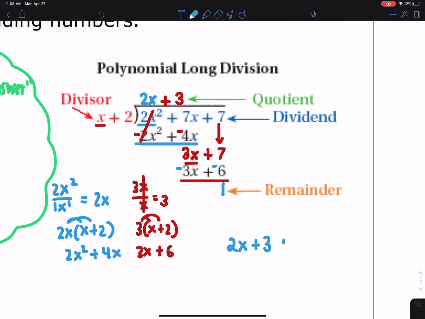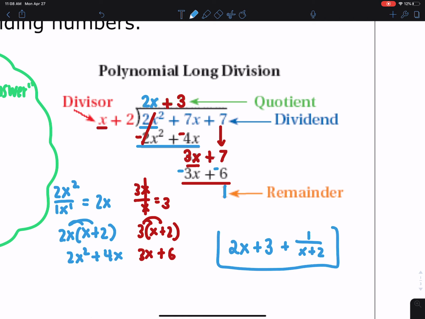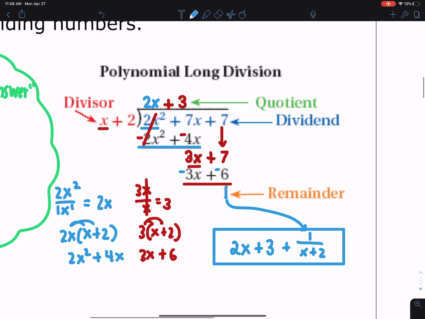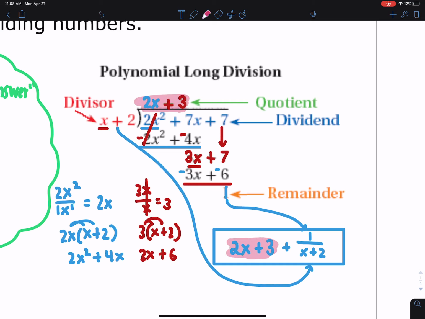And then we would have plus 1 over our divisor, which is x plus 2. So there is our polynomial expression for our quotient. And again, you can see the remainder is the numerator, and then the divisor is the denominator, and then the rest of this comes from the quotient that we found. And make sure you pay attention to your signs.